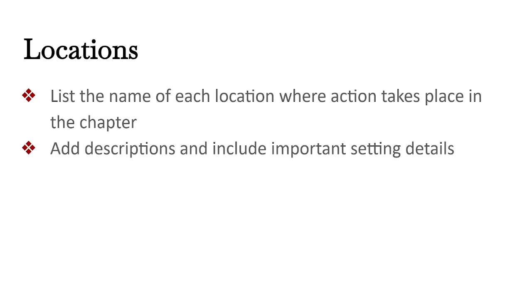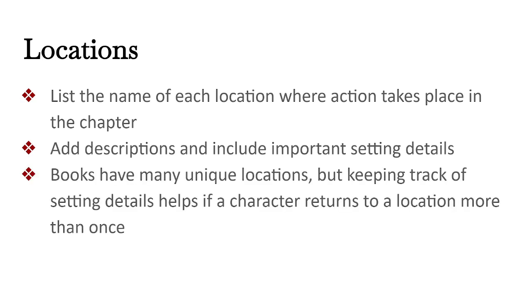If I come back to those locations, it's very useful to remember how I described them and maybe some of the actual word-for-word descriptions that I used so I can remain consistent. Books typically have a lot of unique locations, and keeping track of setting details, like I mentioned, does help if the character returns to the location more than once. So that way, you're not running into major inconsistencies in your settings.